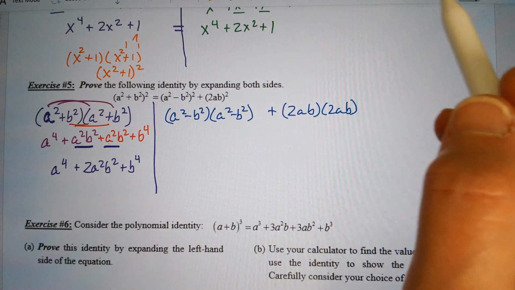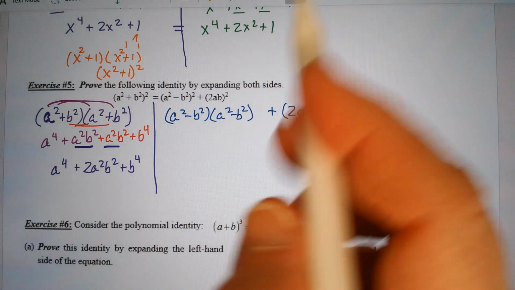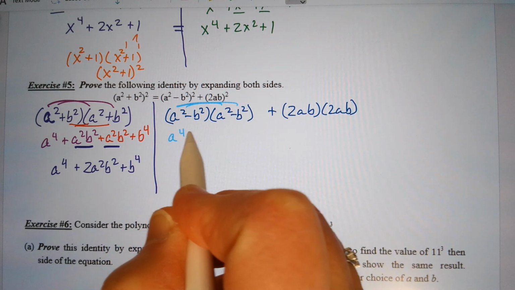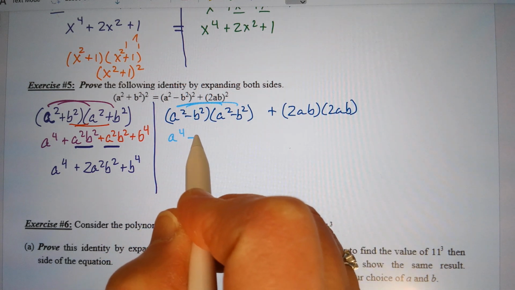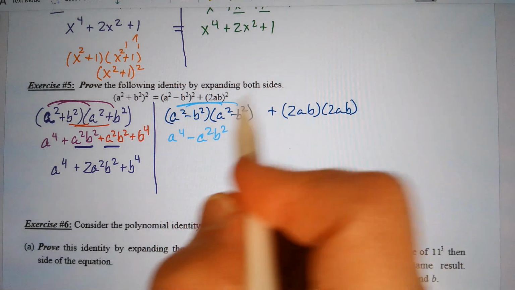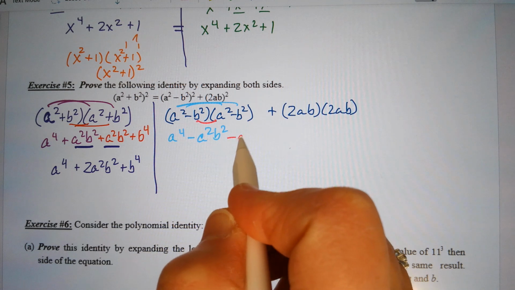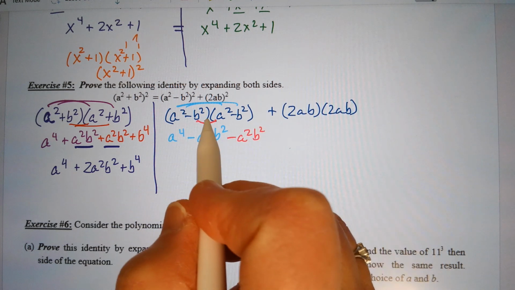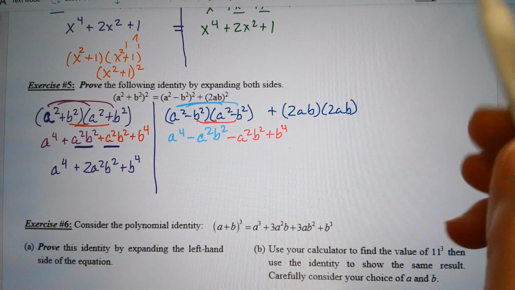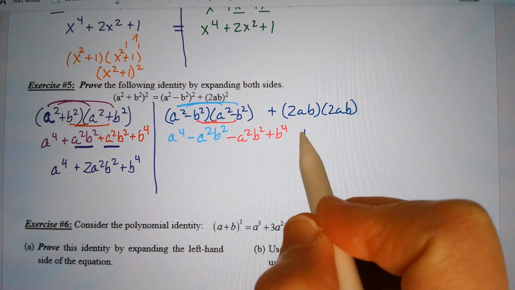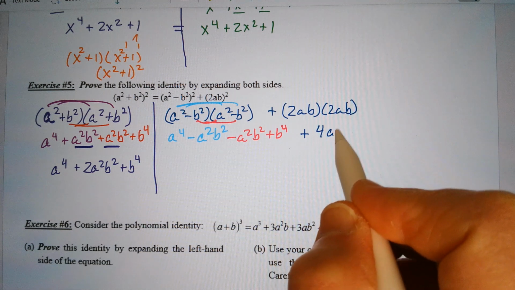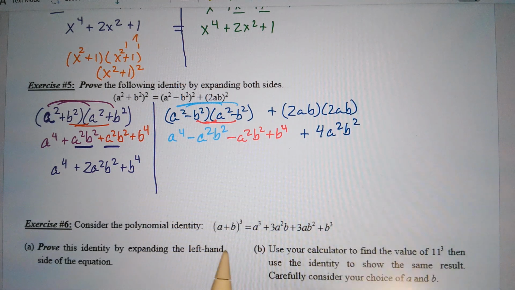Double distribution: a to the fourth, minus a squared b squared, minus a squared b squared, plus b to the fourth. 2ab times 2ab is 4a squared b squared.